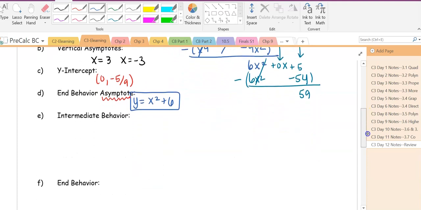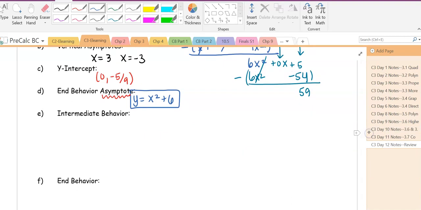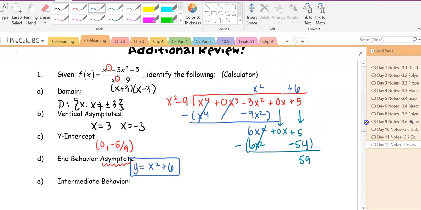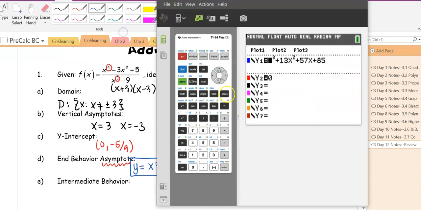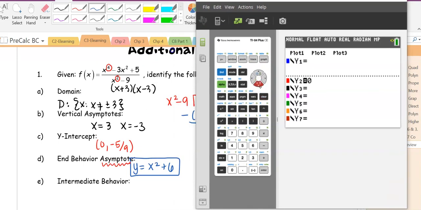Now, intermediate and end behavior, we will need to actually graph this whole function in order to see that. So let's type this in. And I'll use my alpha y equals enter.